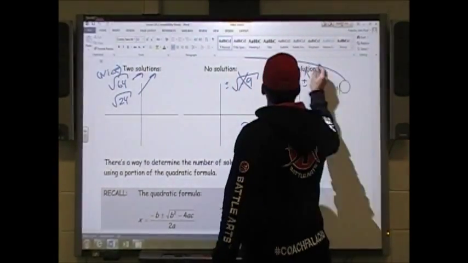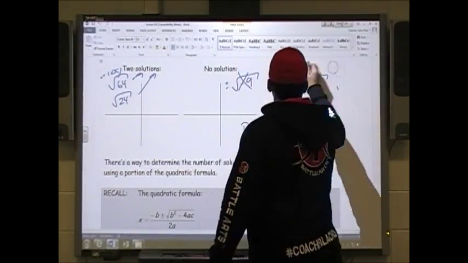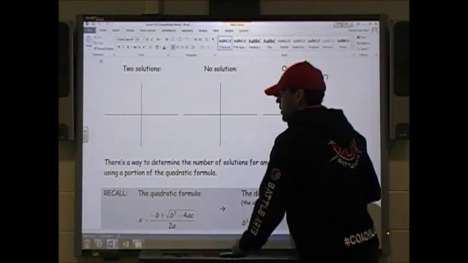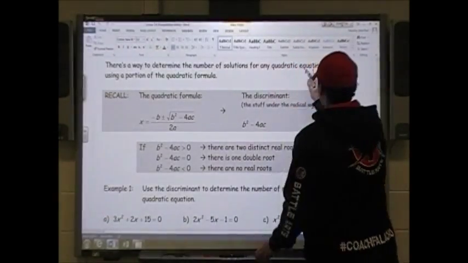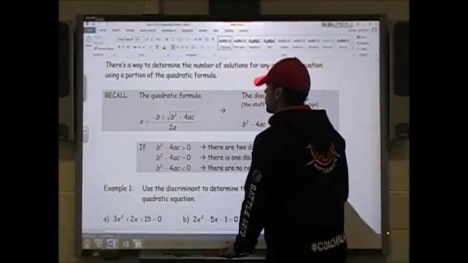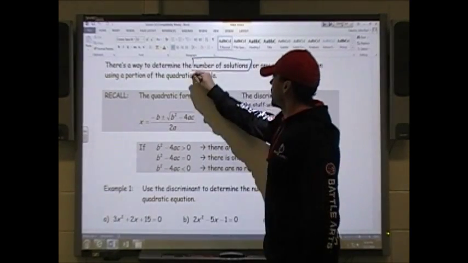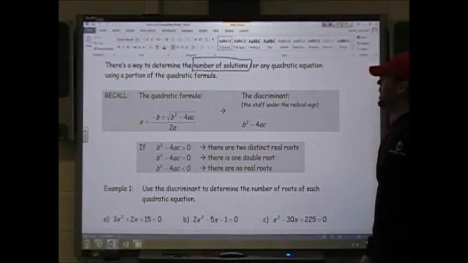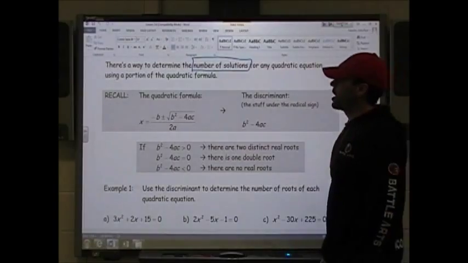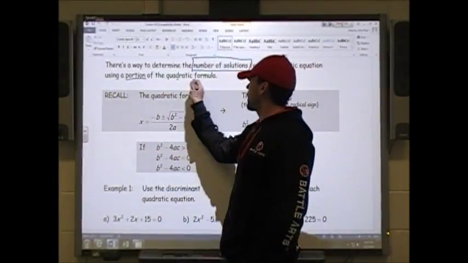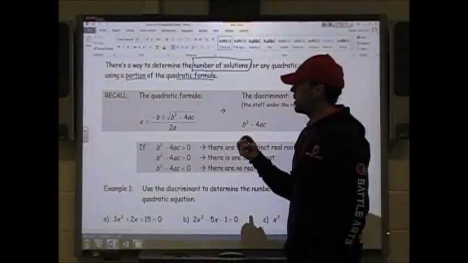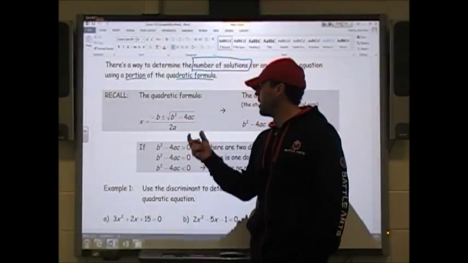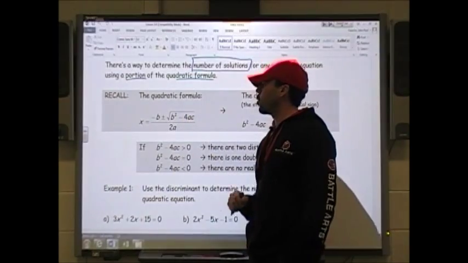So, if I take a look at what I wrote down here, it says there is a way to determine the number of solutions. Now, it's not going to tell you what the solutions are, but how many, for any quadratic equation using just a portion of the quadratic formula. And that portion of the quadratic formula, what's important about it to determine how many, is just the square root sign or the discriminant.